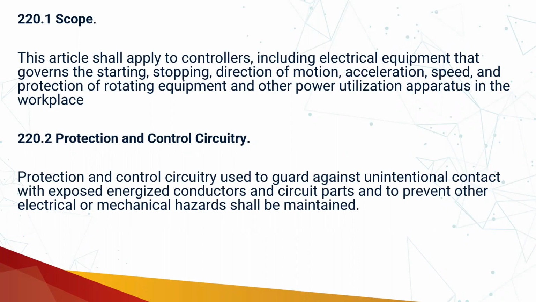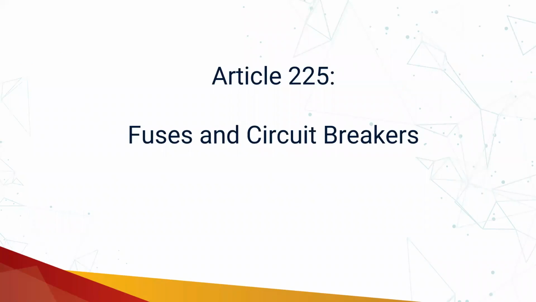So this article takes those things into consideration. Protection and control circuitry used to guard against unintentional contact with exposed energized conductors or circuit parts and to prevent other electrical or mechanical hazards shall be maintained. How will you maintain it? As per the manufacturer's recommendation.